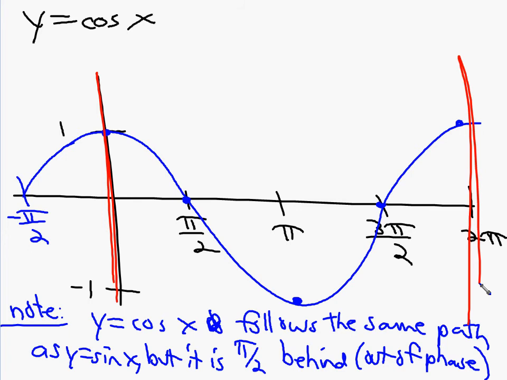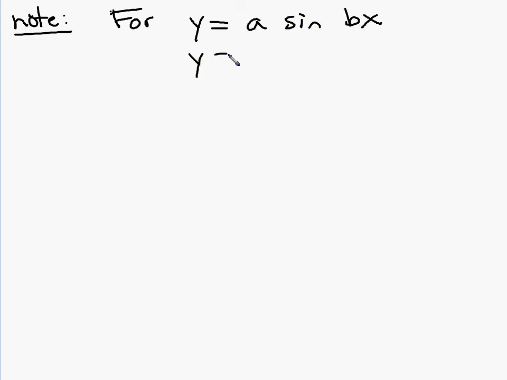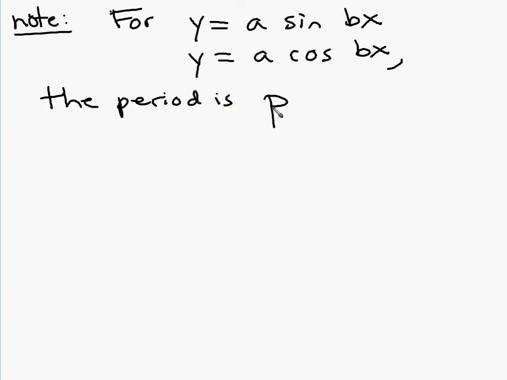All right? Now, one other thing real quick to help you deal with homework tonight. And this is very easy. Your homework tonight is going to be very easy. Note, for y equals a sine bx and y equals a cosine bx, the period is p equals 2 pi divided by b.